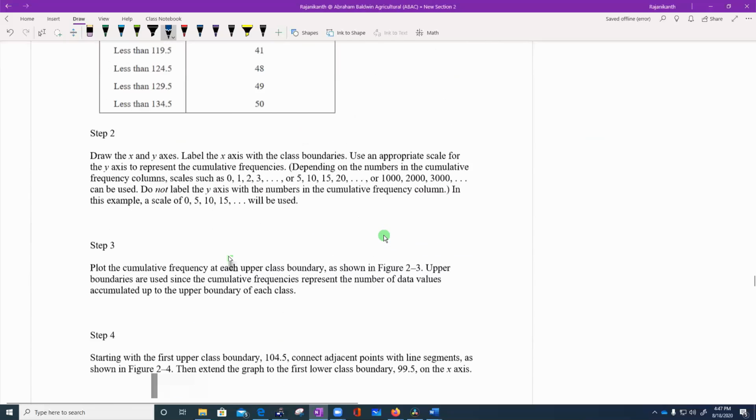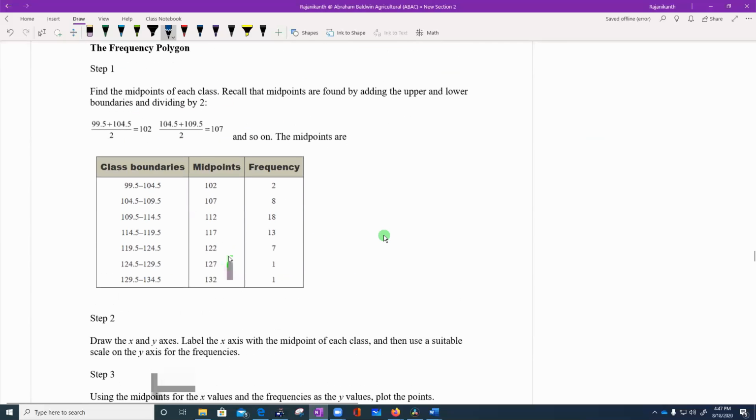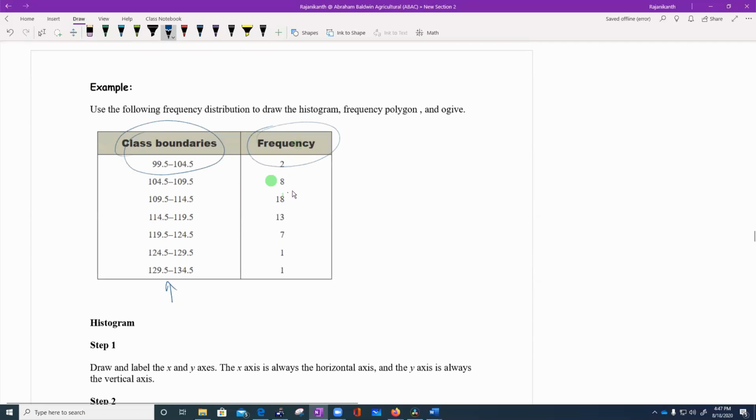So the highest frequency value is 18, no? That means your highest y value is 18. But this is my x values, right? The smallest value is 99.5 and the highest value of your x is 134.5. So you could take it as 135.